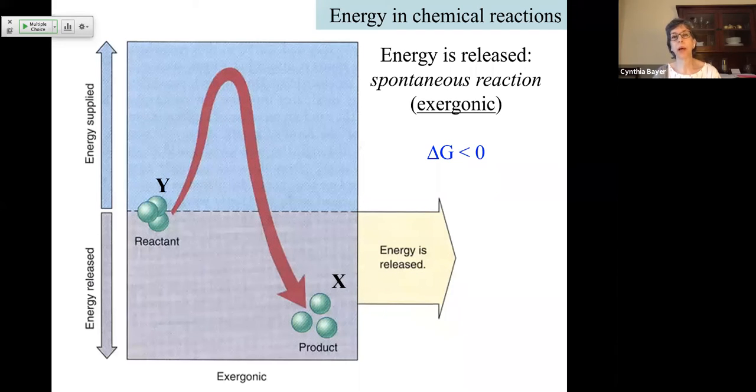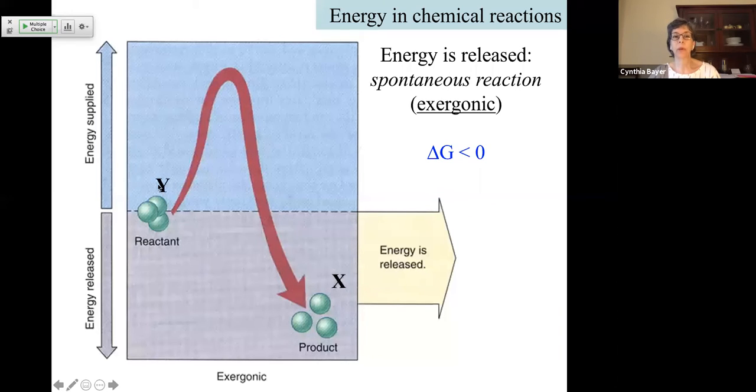But usually in biological situations, the heat energy that would be required to convert Y to X or overcome that energy barrier is greater than what would end up destroying cells. So, and we'll come back to that a little bit later.